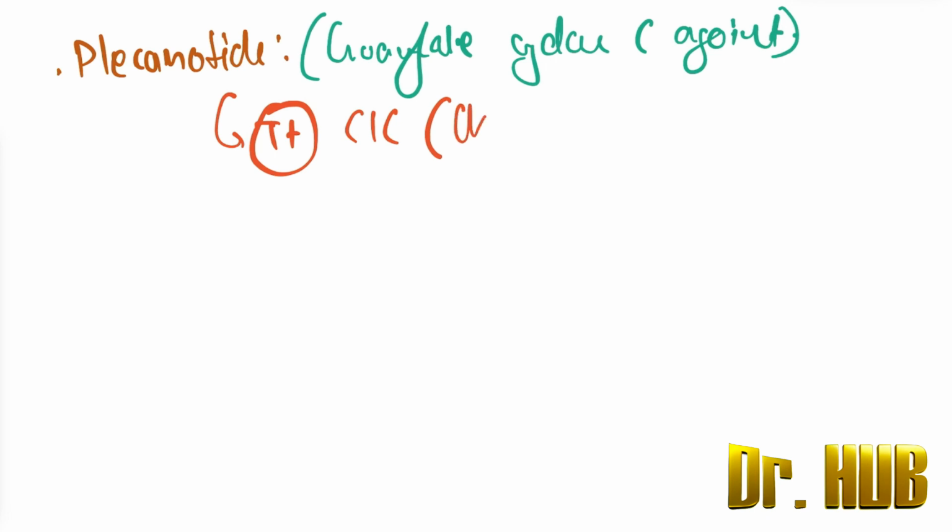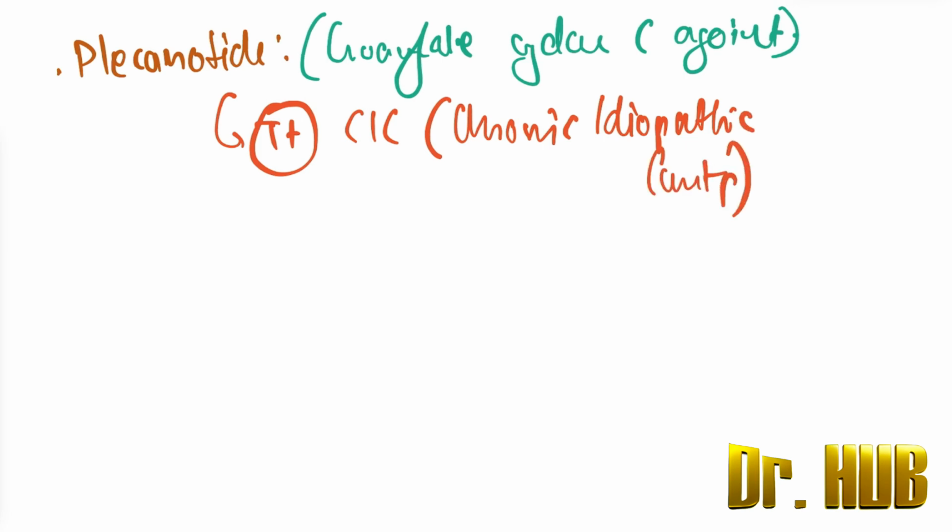What is CIC? It is chronic idiopathic constipation, and this is in the case of adult patients.